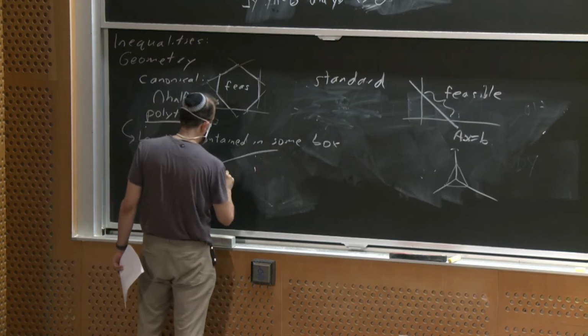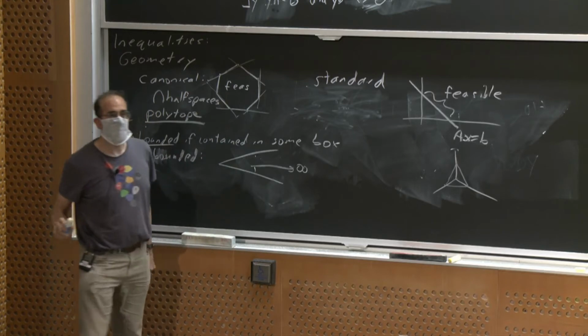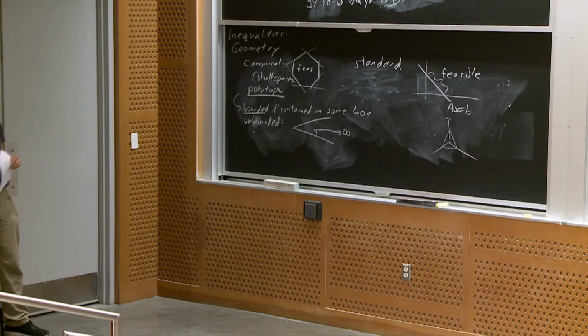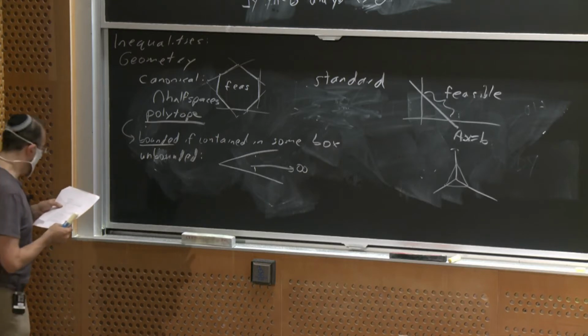An unbounded polytope might be, for example, a cone, which can go out to infinity in some direction. Already you can see unbounded polytopes might be a problem if you're talking about maximizing or minimizing, right? If there's some direction you can go infinitely far, then there may be no maximum or minimum.